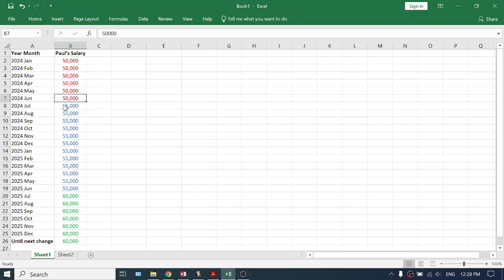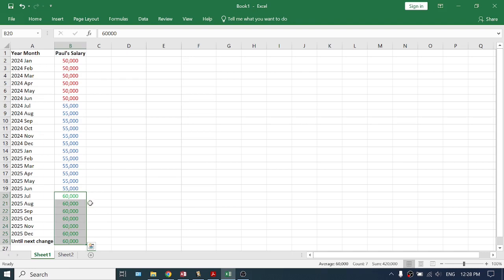Then in July, I'm going to increase his salary to 55,000, and I'm going to keep that salary for the next 12 months up to June of 2025, at which point I'm going to increase to 60,000. And I at least know that it's going to remain the same up to December, but I don't know whether I'm going to continue with that same salary after December 2025.